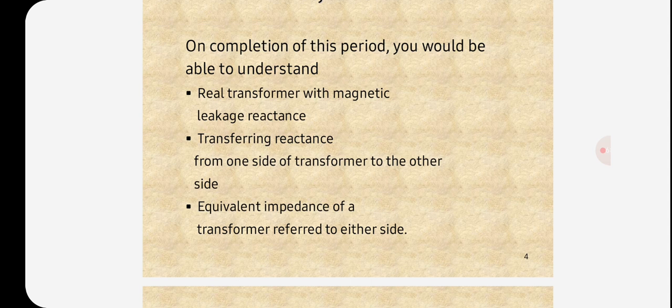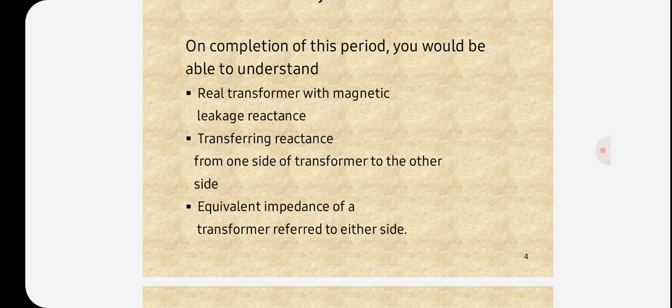The two fluxes phi L1 and phi L2 leak out of the core and do not link both windings. Hence these fluxes are known as leakage fluxes: phi L1 is the primary leakage flux and phi L2 is the secondary leakage flux.